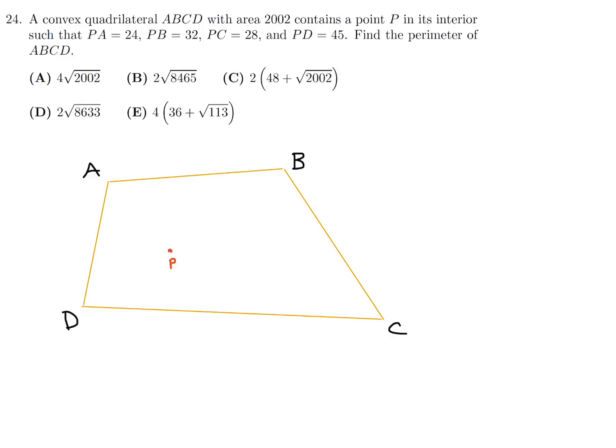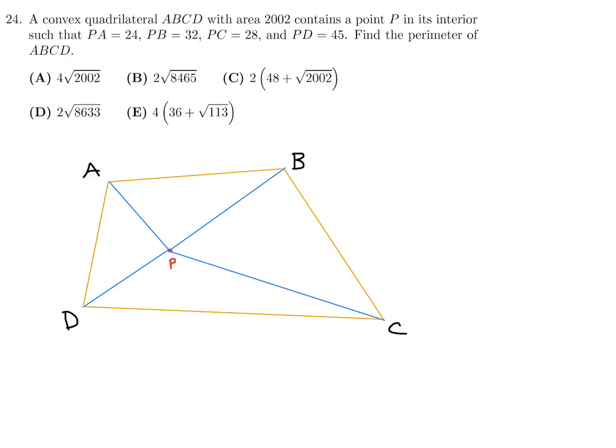And then the distances they're giving us, AP or PA, same thing, from there to there, is 24. And then PC is from here to here. And then PB is from here to here. And finally, PD is from here to there. Okay, so something like that.